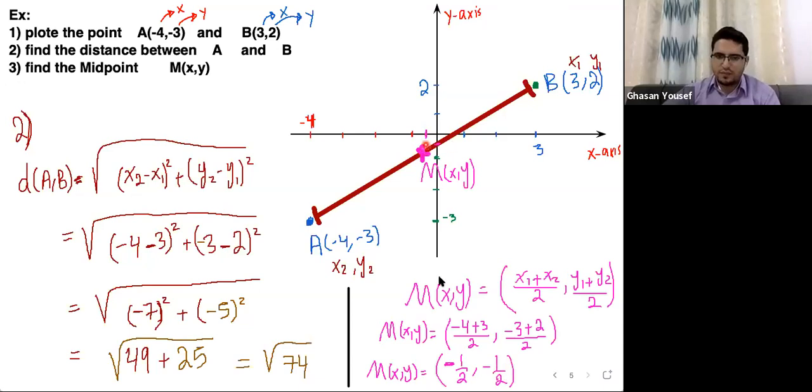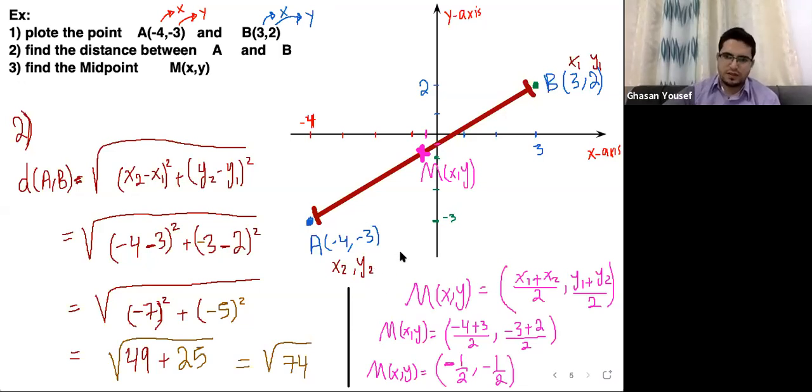If I ask in the exam in which quadrant the midpoint is, you should know it's in the third quadrant, because this is the first, second, then the third quadrant. Any question for this? It makes sense, clear how we can find the distance and the midpoint.